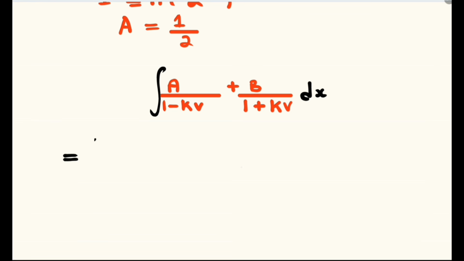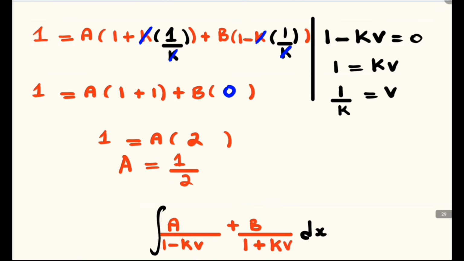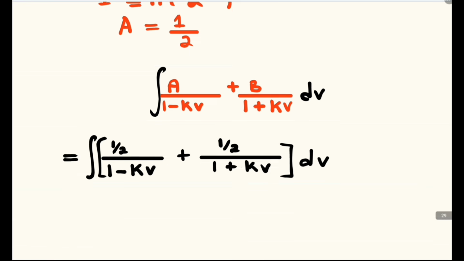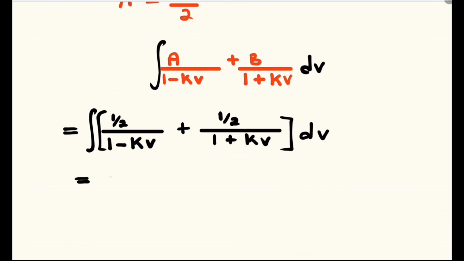In the place of the a, we have half divided by 1 minus kv plus b, but in the place of the b, which was also equal to half, we divide by the 1 plus kv, and we are integrating with respect to v, not x. So we have half multiplied by the integral of 1 divided by 1 minus kv, which is equal to the ln of 1 minus kv.